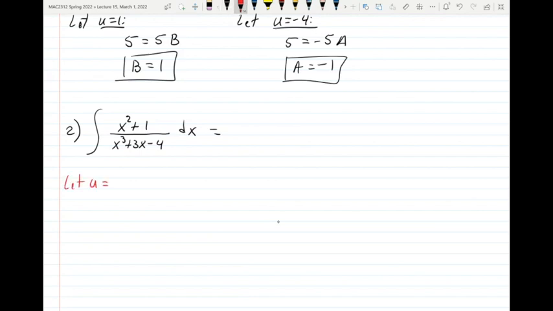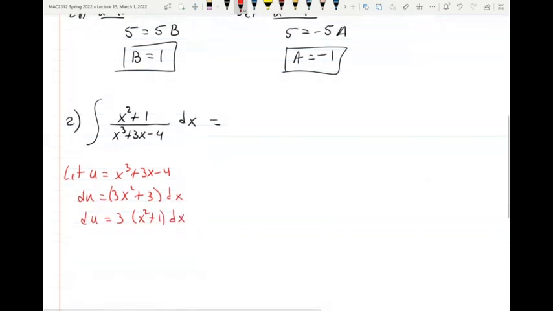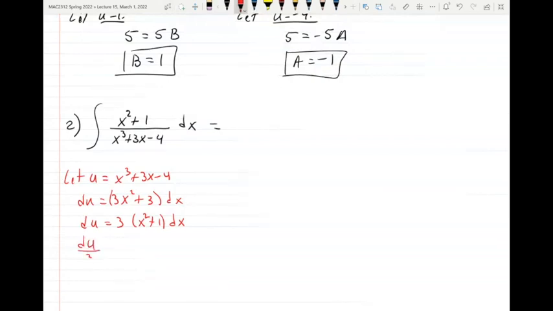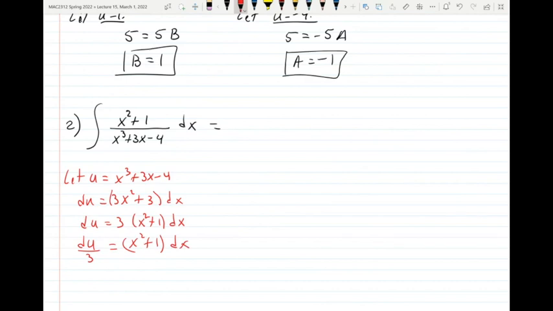If we let u be x cubed plus 3x minus 4, then du is 3x squared plus 3. And then we can take out a 3 from here, and divide by 3. So du over 3 is basically our numerator.